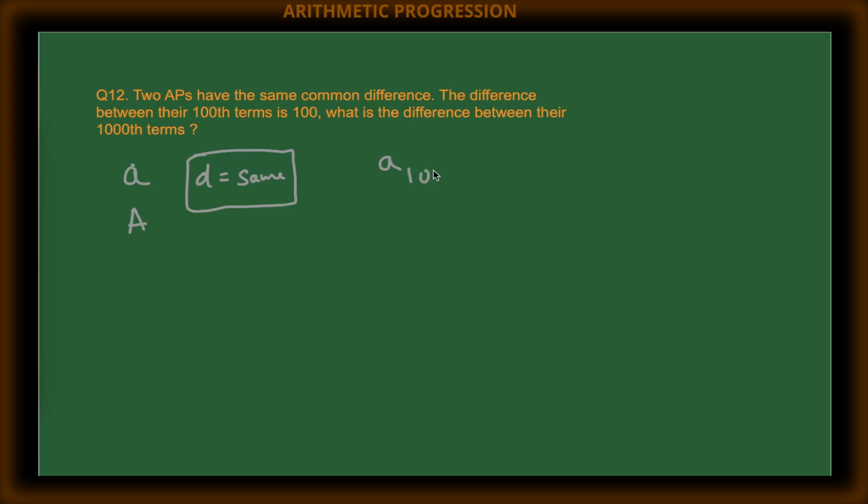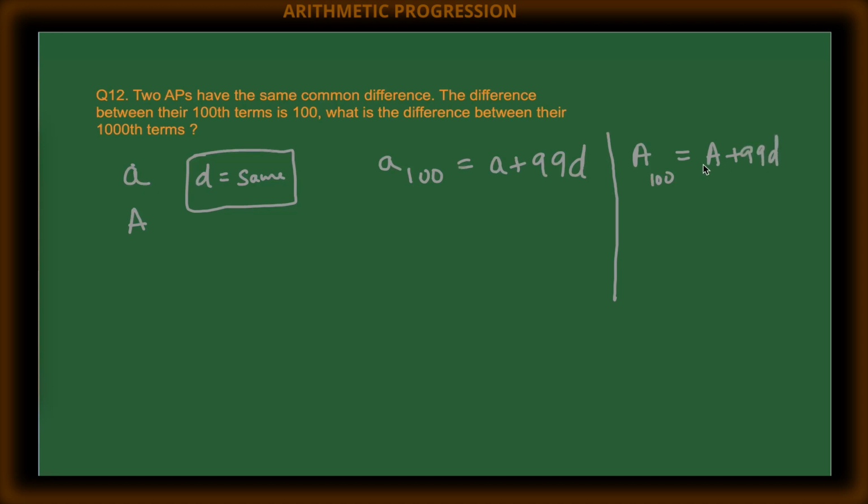Its 100th term is represented as a plus (n minus 1) into d, that is a plus 99d. Okay, and let's represent the other arithmetic progression with capital A. Capital A of 100 is equal to A plus 99D.